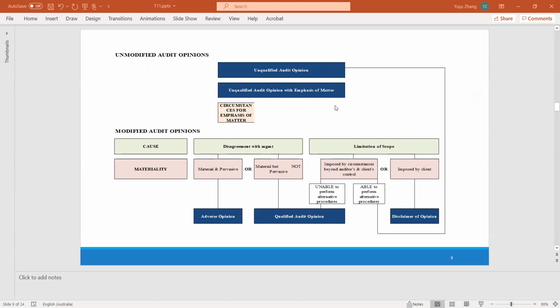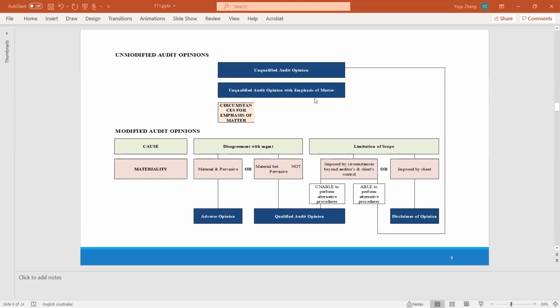And we are going to discuss this in the next page. However, those two situations are still about unmodified audit opinions. One is without any further emphasis, and the other one is unmodified audit opinion with emphasis on matter or other matter paragraphs.